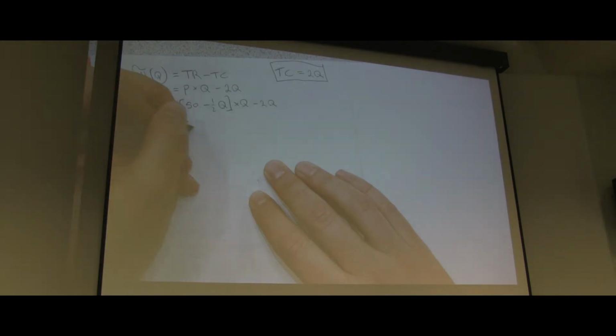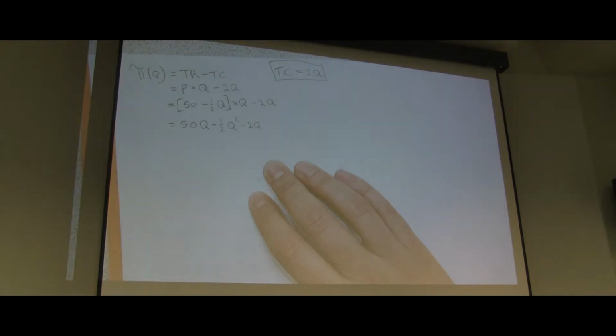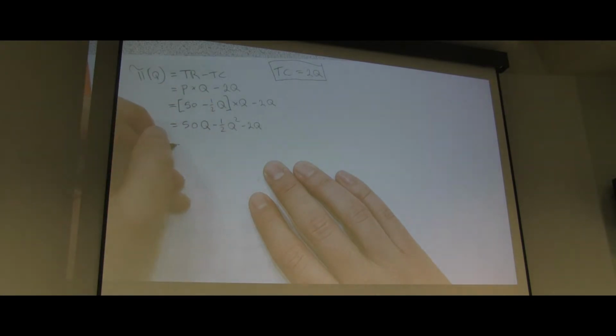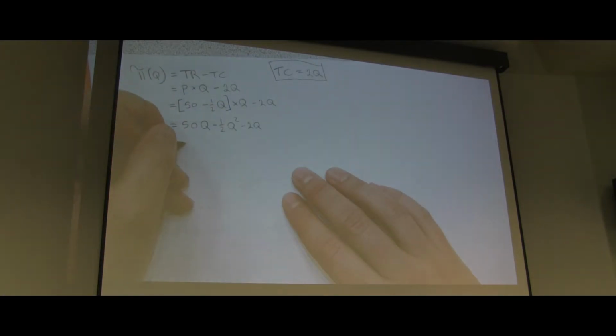So you're going to get 50Q minus 1/2 Q squared minus 2Q. That's going to be your profit function. And if I combine the 50Q and the 2Q, that becomes 48Q minus 1/2 Q squared. That is your profit function.